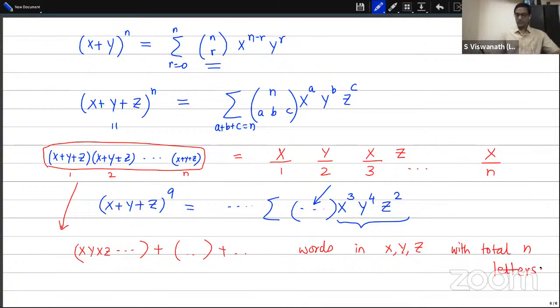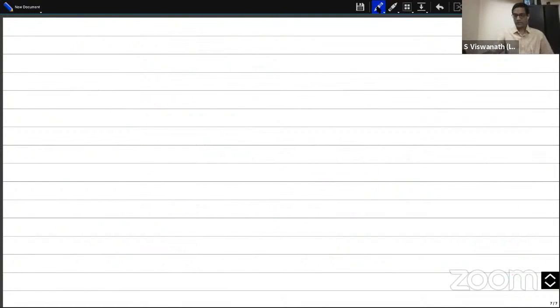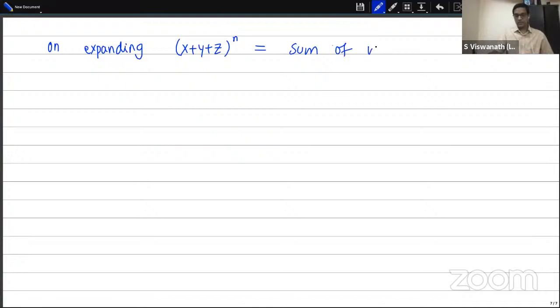Now the question we are asking is, after we do this full expansion, you write out every possible word that you will get. So by the way, how many words will I get on the right hand side when I expand this out fully?